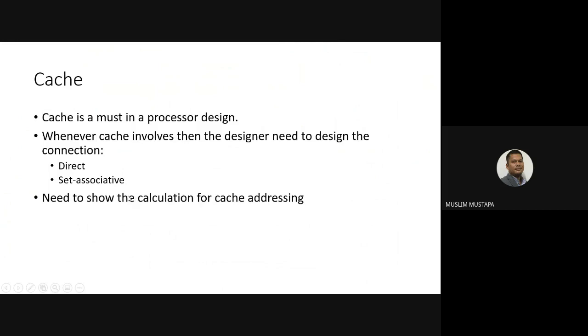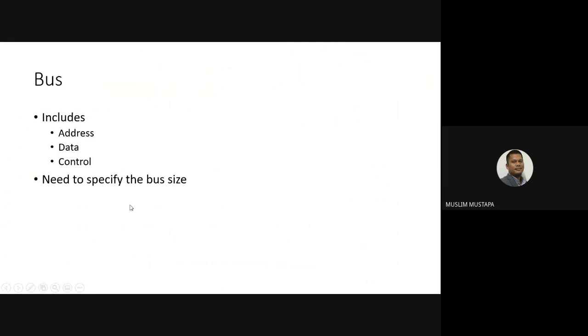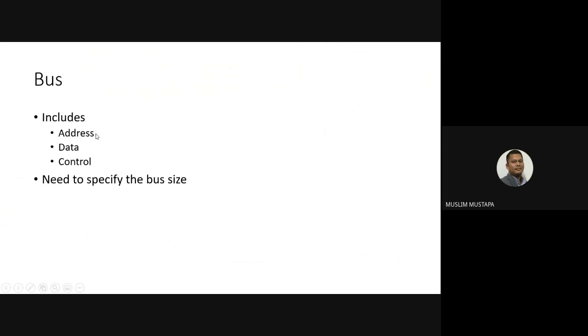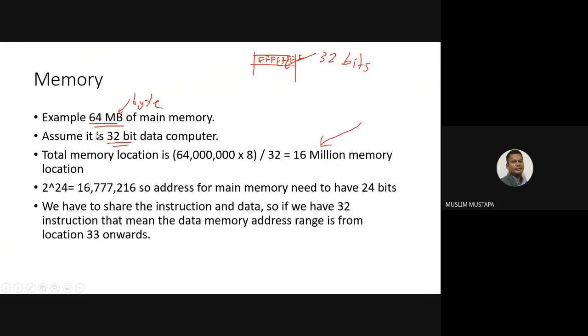This has already been covered in the cache chapter, so you can go and revise the calculation part. For the bus, you also need to declare it. Normally you need to show that you have an address bus, a data bus, and a control bus. For the address bus, you have to say what the size is. In our case, if you are using 64 megabyte, our address bus size is going to be 24 bits.